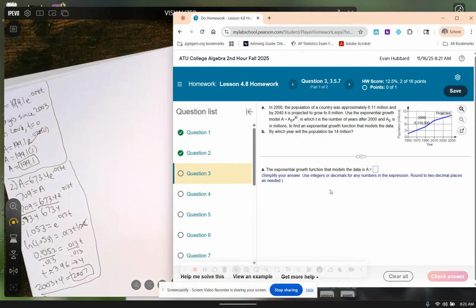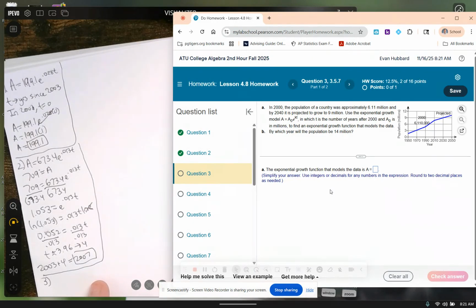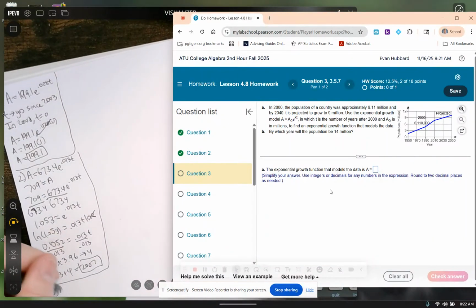3A, the population of the country was approximately 6.11 million in 2000, and it's projected to grow to 9 million in 2040. Use the exponential growth model, where t is the number of years after 2000 and A naught is the number of millions. Find the exponential growth model that models the data. Okay, so A equals A naught e to the kt.